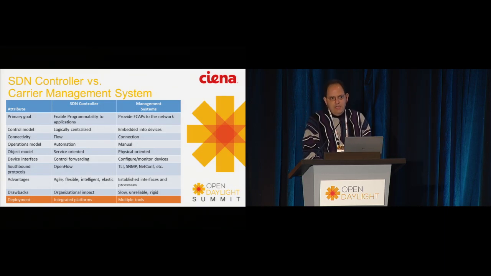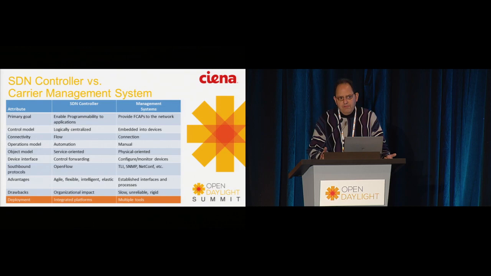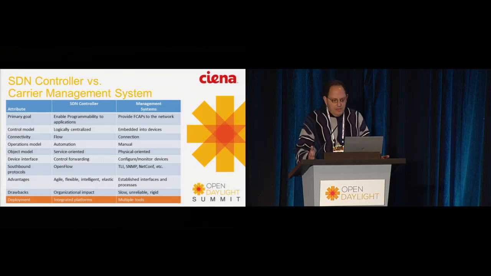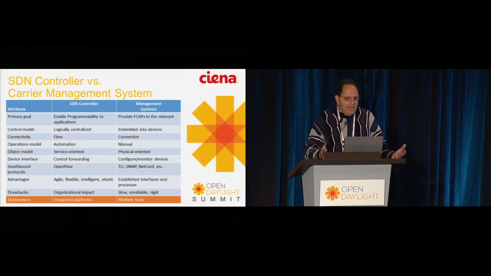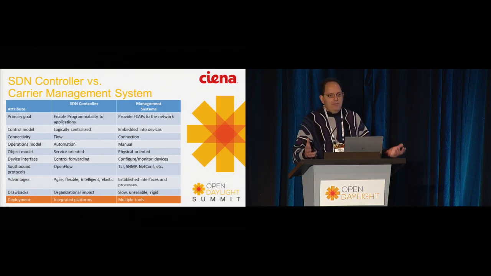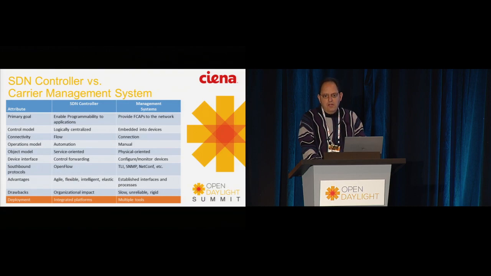The connectivity differs as well. SDN is about flows. It's about end-to-end connectivity. It's about services. Whereas in the traditional management environment, the carriers are really providing connections, static connections, versus the more dynamic flows. It's a major fundamental difference.